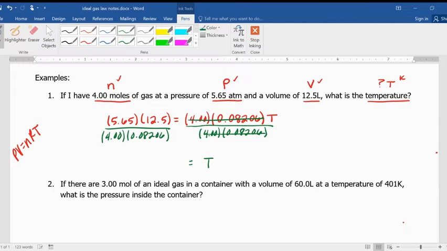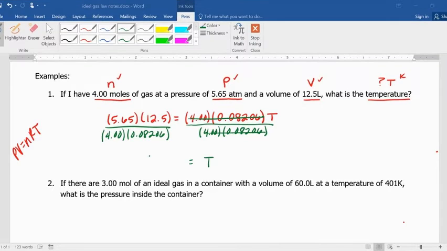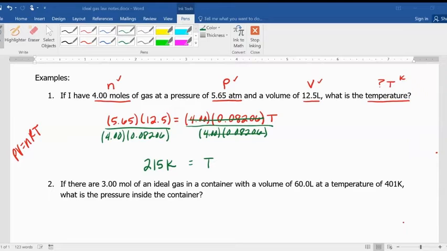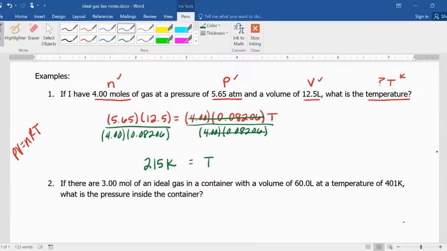You want to make sure that you're using your calculator correctly when you do this problem. And if you are, you should get a nice number. We'll round it off to the nearest degree, and we'll call it 215. And remember, our unit for temperature is Kelvin. So make sure you practice plugging that into your calculator to make sure that you are doing your calculations correctly.